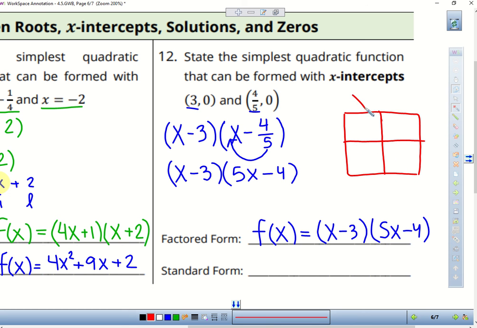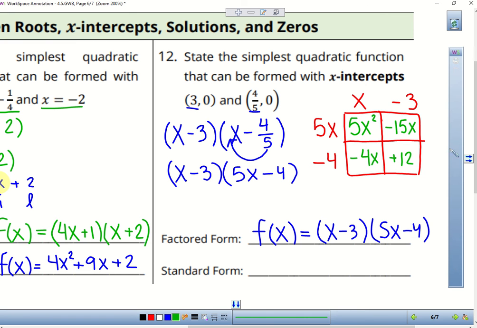And then you basically just put x minus 3 here, and the 5x minus 4 here, and you multiply the corners of the box. So that's going to be 5x squared minus 4x minus 15x plus 12. Now these are like terms, so they will combine. So my final answer for standard form is f of x is equal to 5x squared minus 19x plus 12.